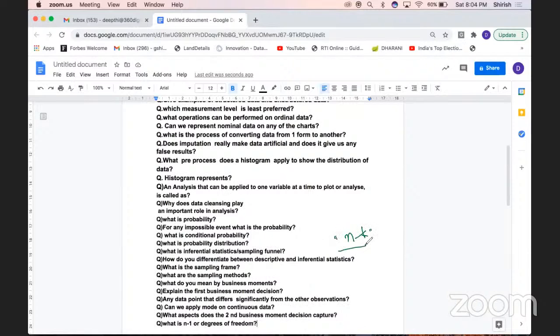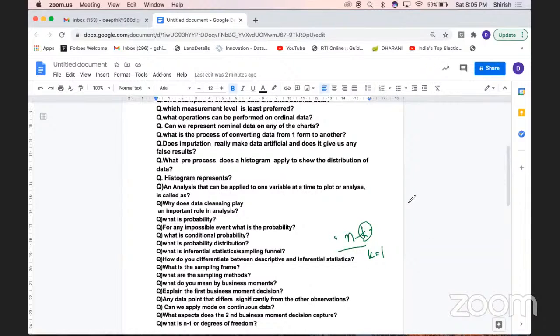We are trying to satisfy this condition of n minus k. So the value of the constant is what you are writing as 1. Based on the particular case, you choose for how many data points you have the freedom to choose. That is your degrees of freedom.